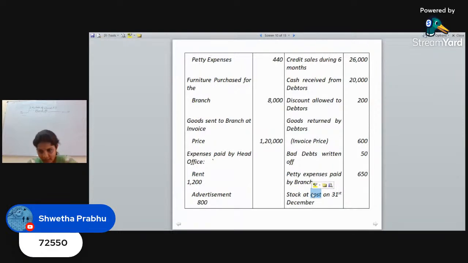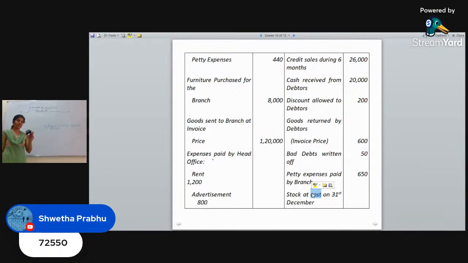I will show this entry to you, how to record. See, for recording the closing stock, we record it by branch stock account in the branch account. While recording this by branch stock account, what is the amount of stock? The amount of stock is 26,000, and this 26,000 is at cost value.